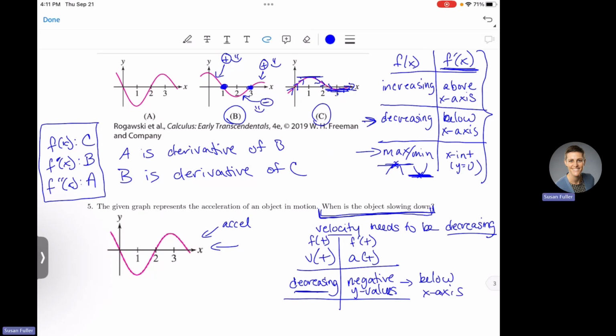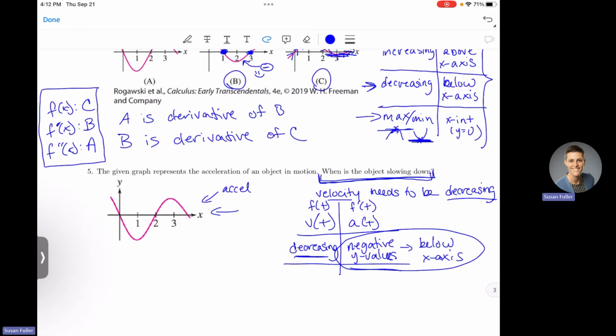When is the object slowing down? What that means on this graph is, when is my velocity decreasing? Well, on our graph, that means where are the y values negative? Where are my y values below the x-axis? Well, from this graph, I can see that my y values, my acceleration, the slope of my velocity, is negative from x equals 0 to x equals 2.